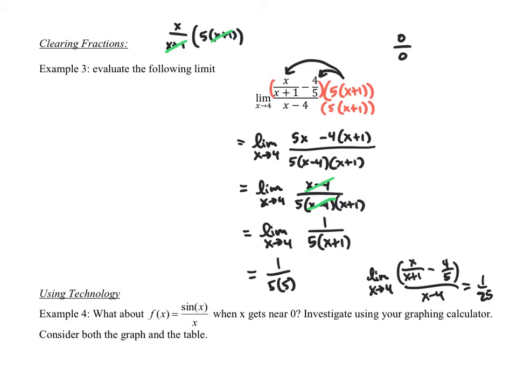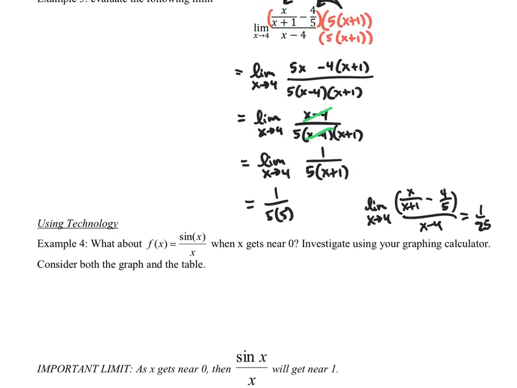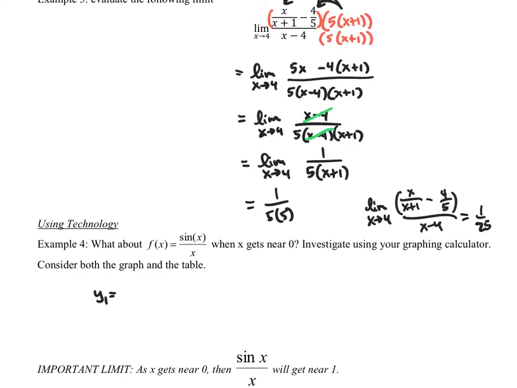Now, looking at using technology, it asks us to use the calculator to determine what happens to sine of x over x when x gets near 0. Investigate using your calculator. What I would suggest is that in y1, you put in sine x, and actually, for that matter, put in sine x over x.